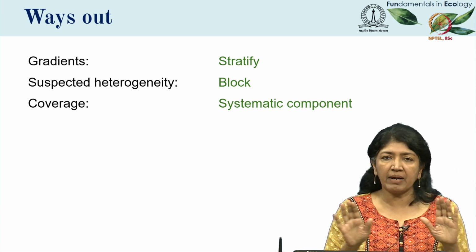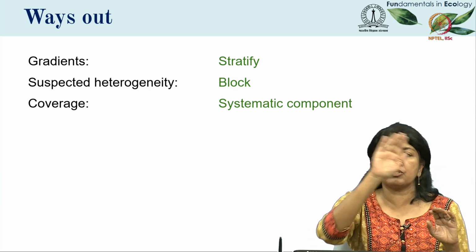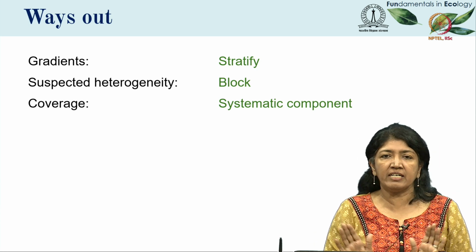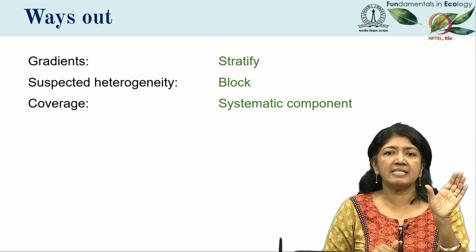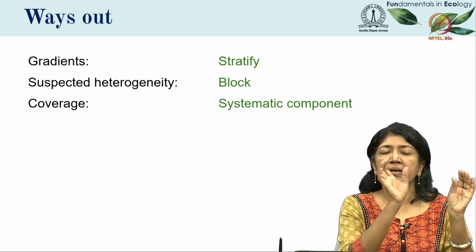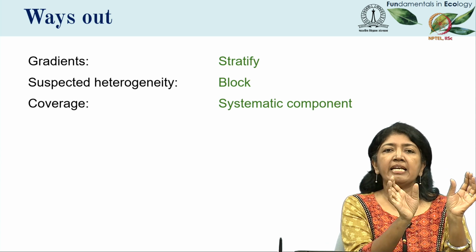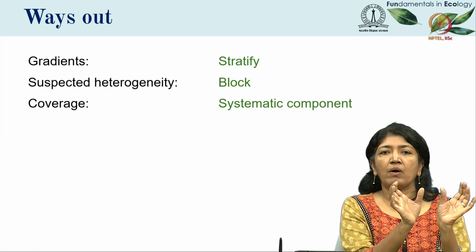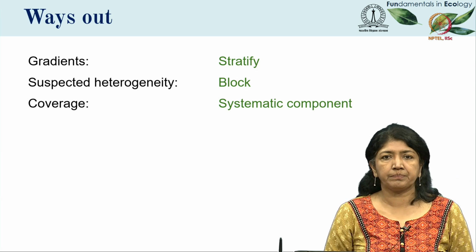So, we have a systematic component to ensure that blocks fall in different areas of the grassland, and therefore, we have good coverage, and then we use a block design to make sure that treatment and control are fairly close by, and therefore, we can get rid of any other confounding or correlating factor.